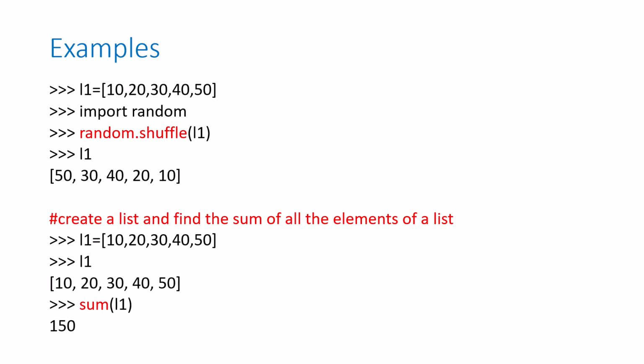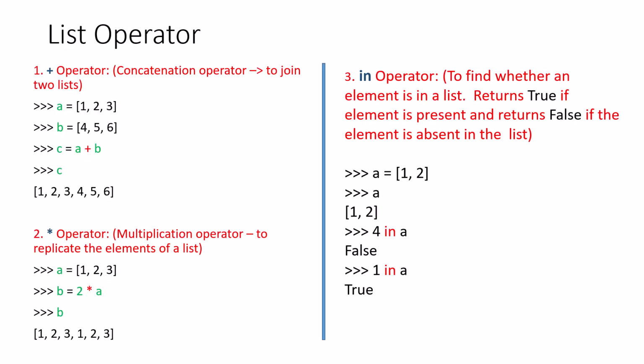The next example is creating a list and finding the sum of all its elements. So list L1 equals 10, 20, 30, 40, 50. Now sum of L1 adds all the values available in the list, and the final value is returned as output.